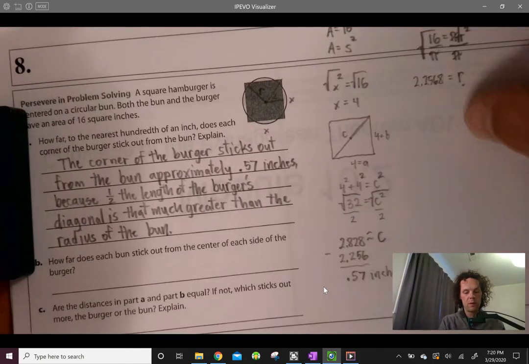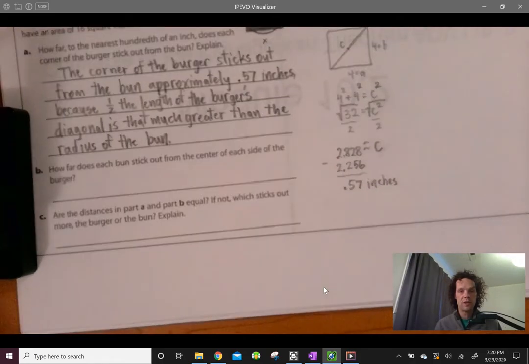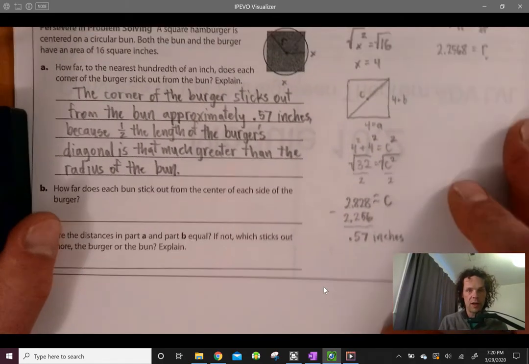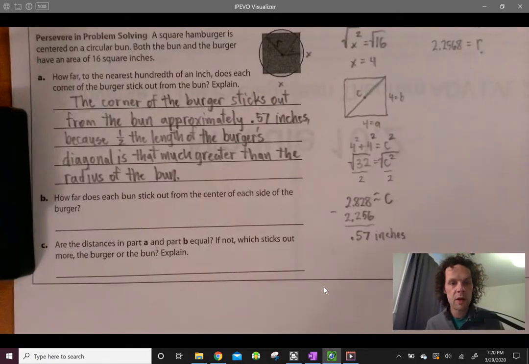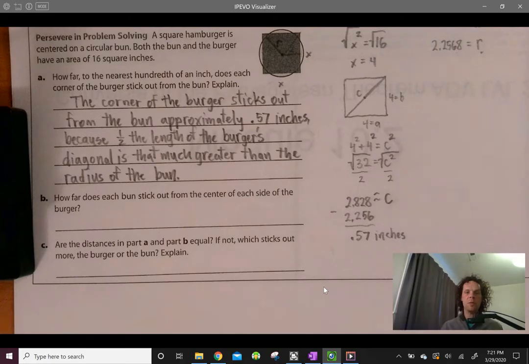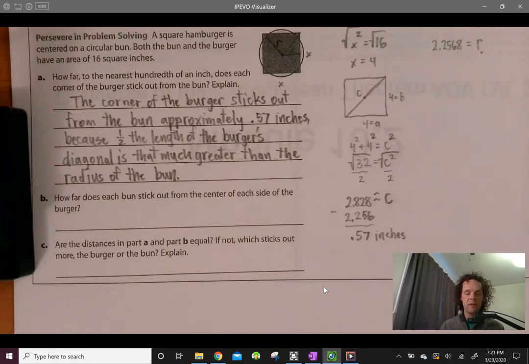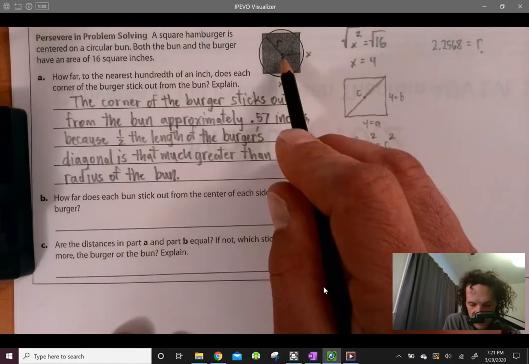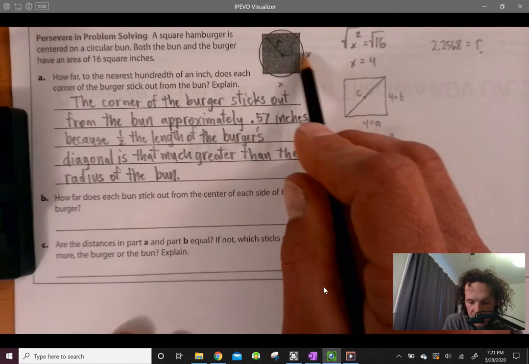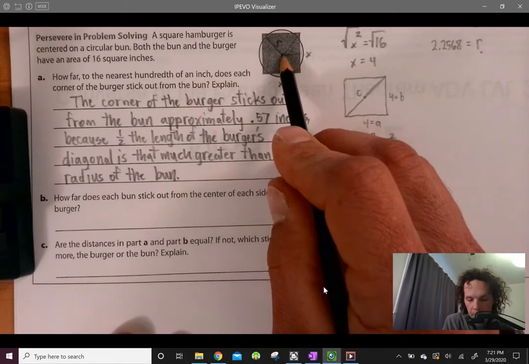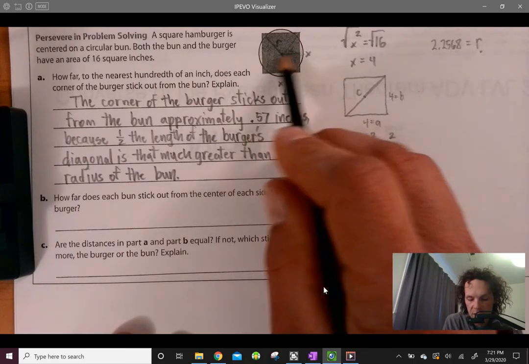Okay, that was definitely a challenging problem that requires us to pool all of our collective knowledge and mathematical skills. Now, how far does each bun stick out from the center of each side of the burger? So what's the difference between the radius of the circle and half the distance across the square?